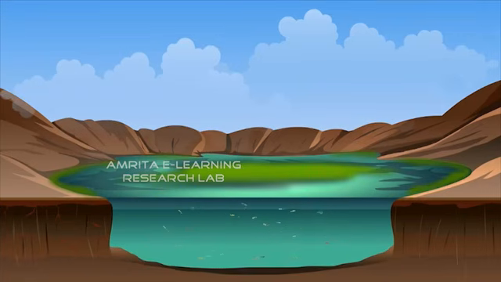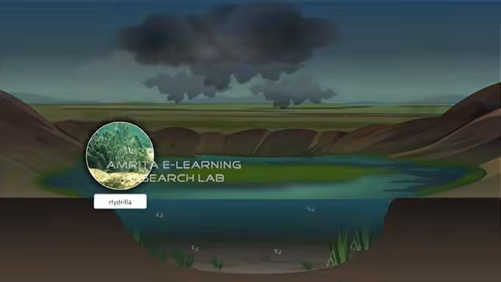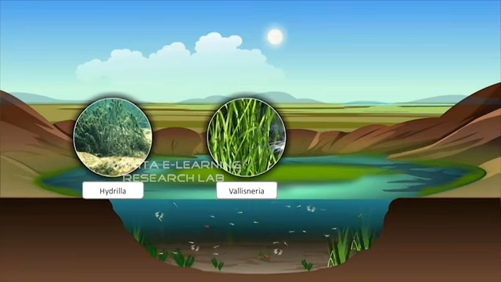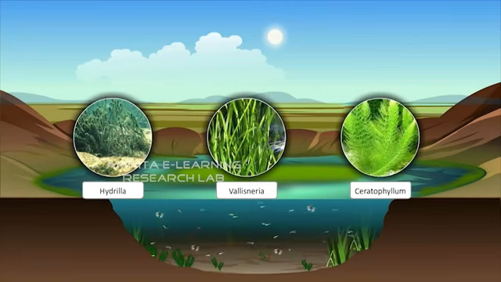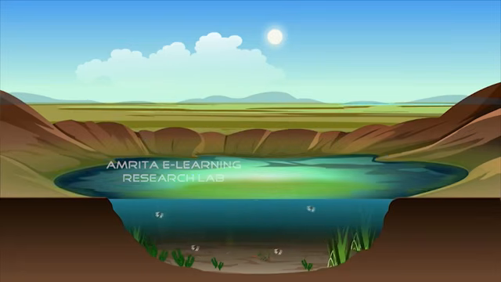This nutrient-rich soil in the pond then supports the growth of rooted hydrophytes, such as Hydrilla, Vallisneria, and Ceratophyllum. When the hydrophytes die, their dead remains slowly deposit in the pond and help drive the detritivorous food chain, adding to the nutrient content.